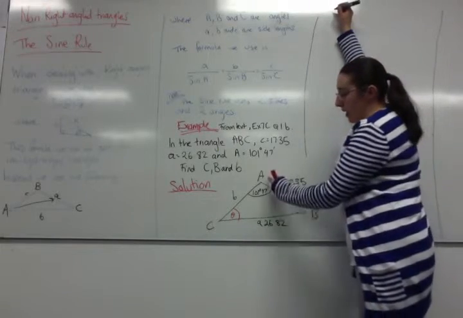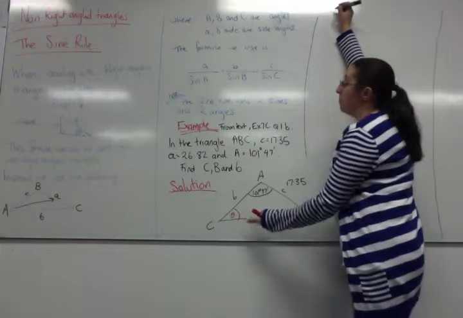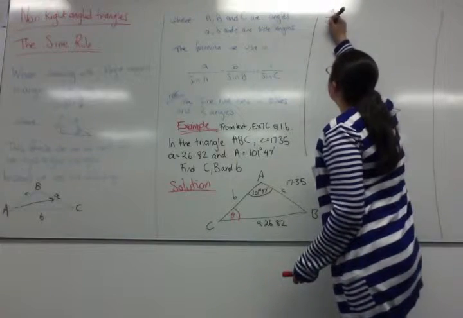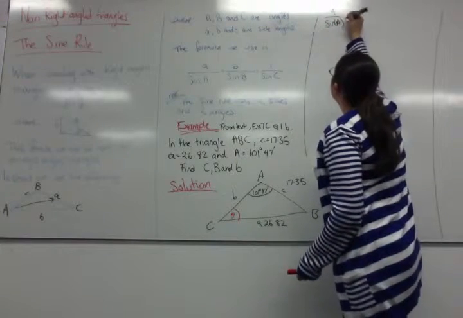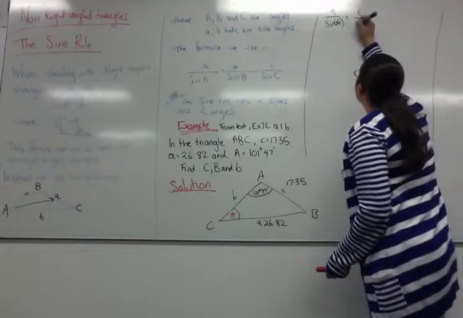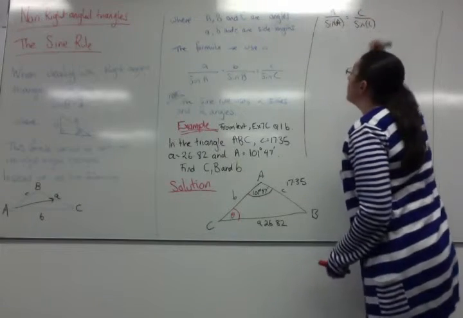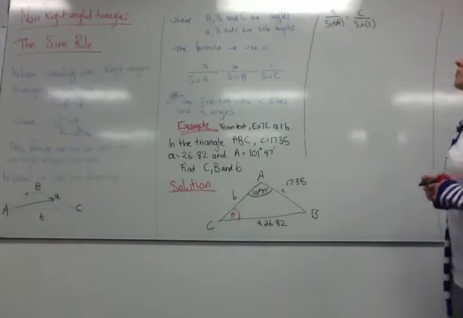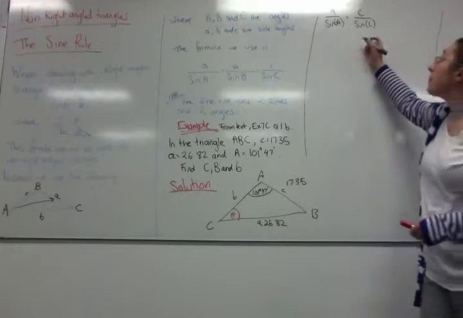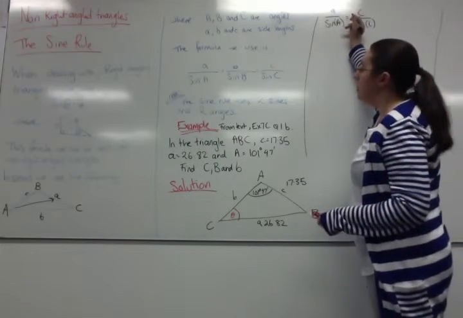We're going to use A's and C's. So it's A over the sine of A is equal to C over the sine of C. Fill it in. That's an A, not a 9.